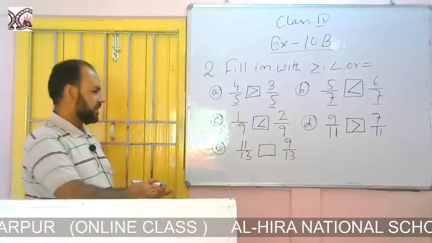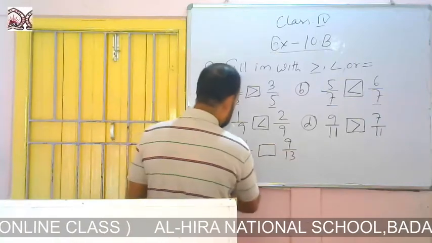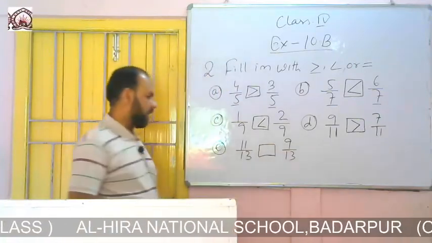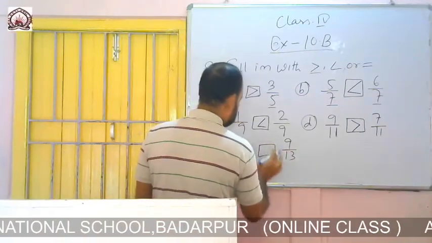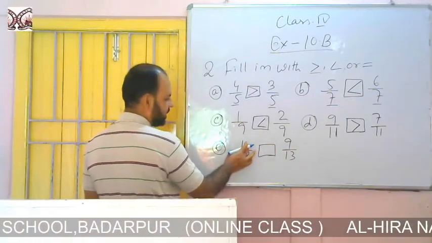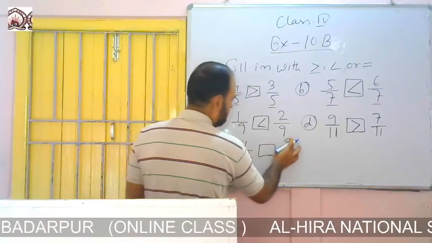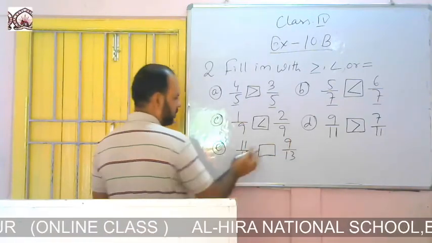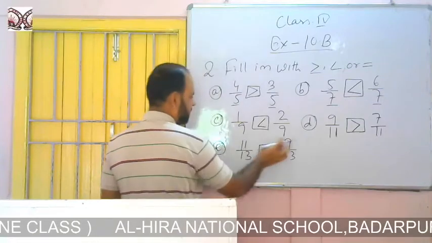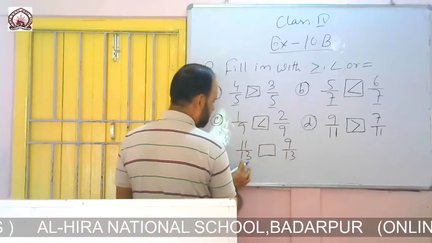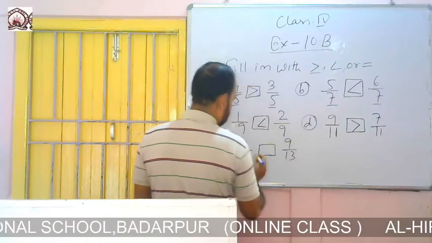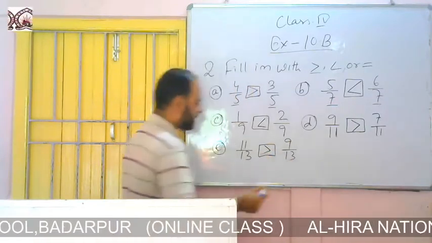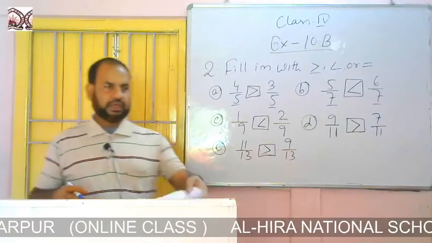We know that if the fractions are like fractions, the one with the greatest numerator is the greatest. So here 11 is more than 9, that means 11 by 13 is more than 9 by 13.